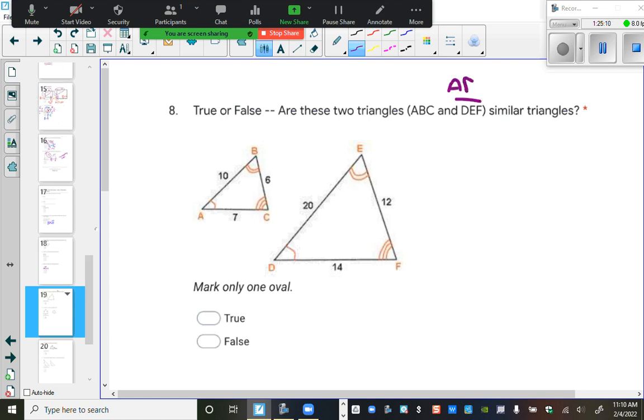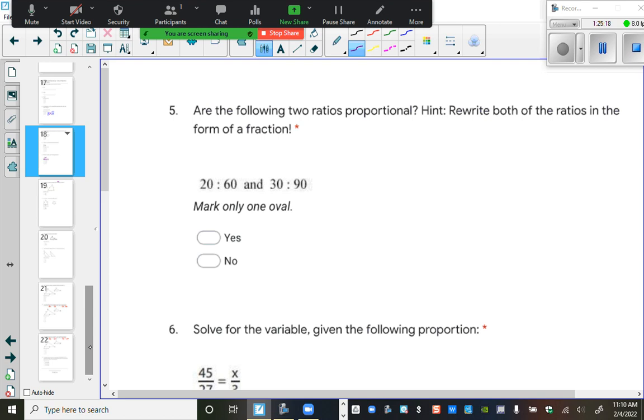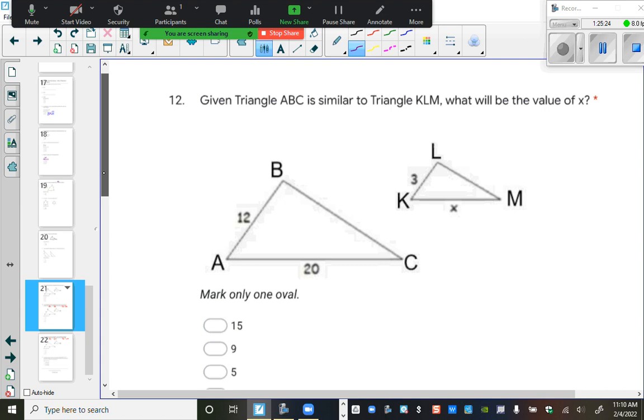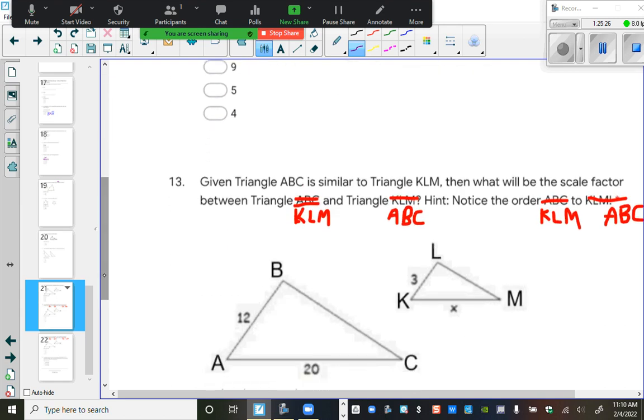Now, one final thing before you go. There was a mistake. There was a typo somewhere. Let's get to it. The very last 2 pages. I need everybody to see this. 13 and 14. You need to switch. KLM, ABC, switch. It's gonna be the same thing on 14. So 13 and 14, you need to switch.